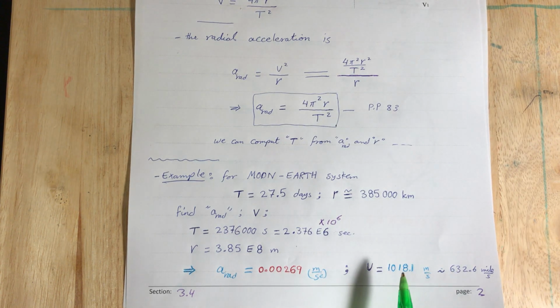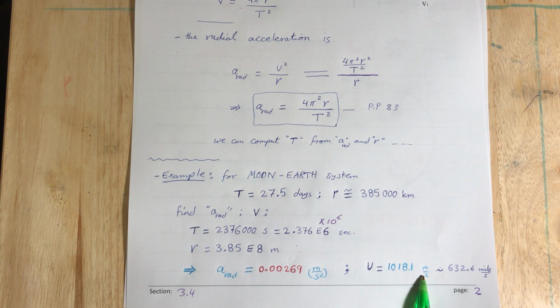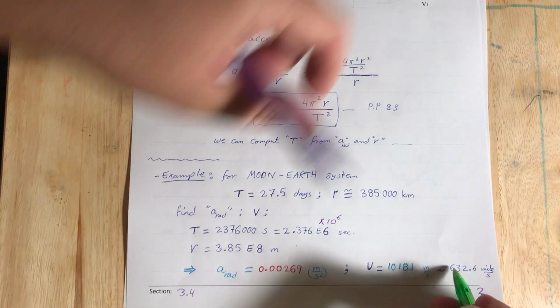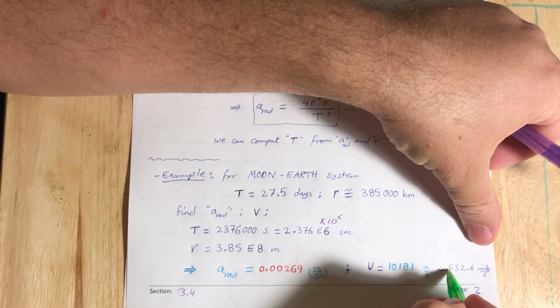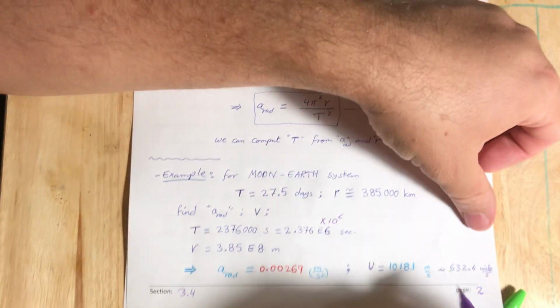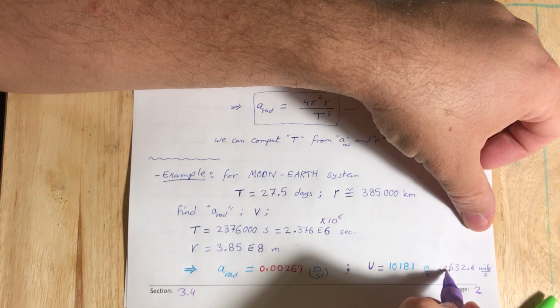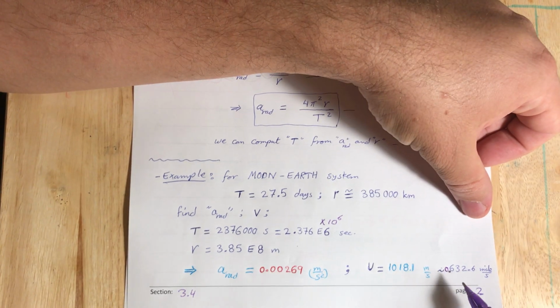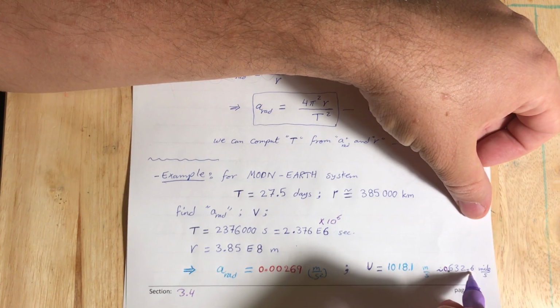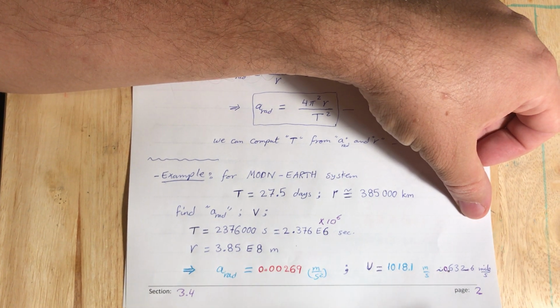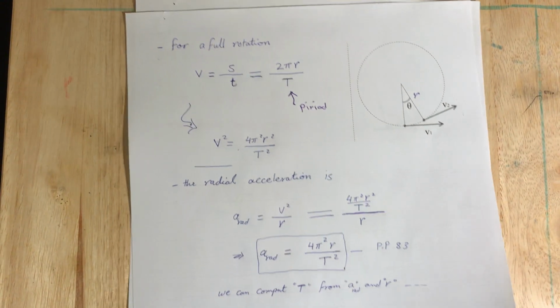It will be approximately 1018 meters per second, which is approximately 0.632 miles per second, less than a mile per second. This is the speed of the moon.